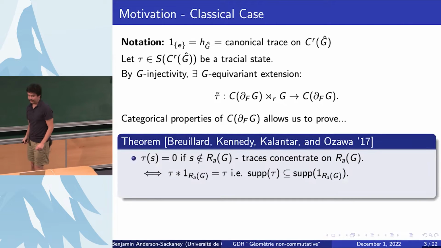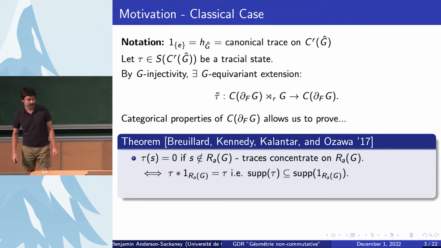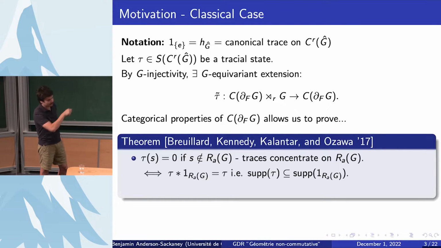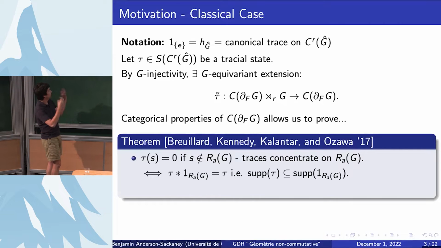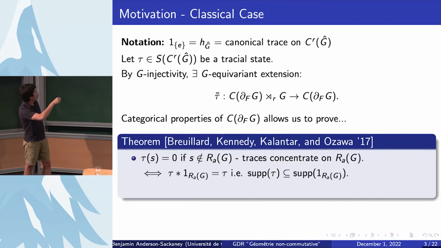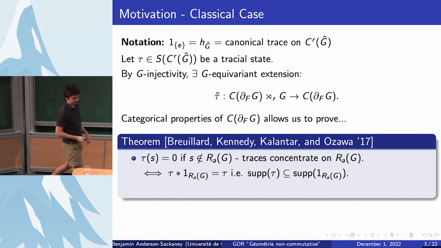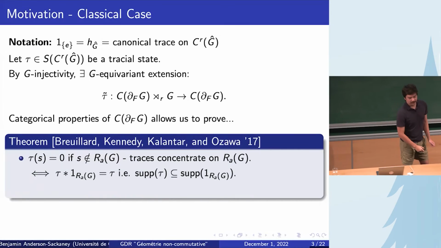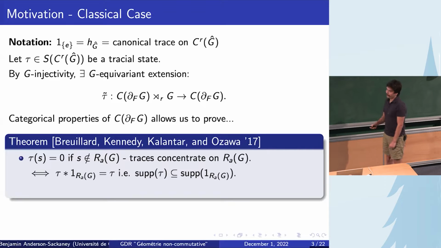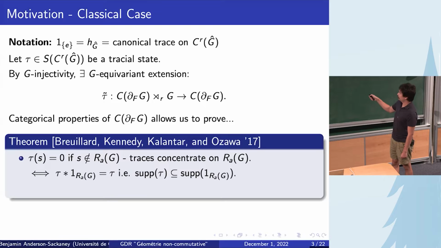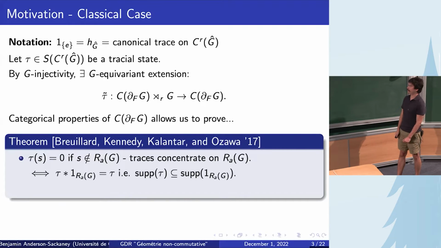Then by using some extra categorical properties of the Furstenberg boundary, you can show that this actually ends up being a conditional expectation, and you can get the following results, which are the techniques these guys used. You can show that a tracial state concentrates on the amenable radical, which is the largest normal amenable subgroup of G. By that I mean the support of the tracial state is contained inside the amenable radical.